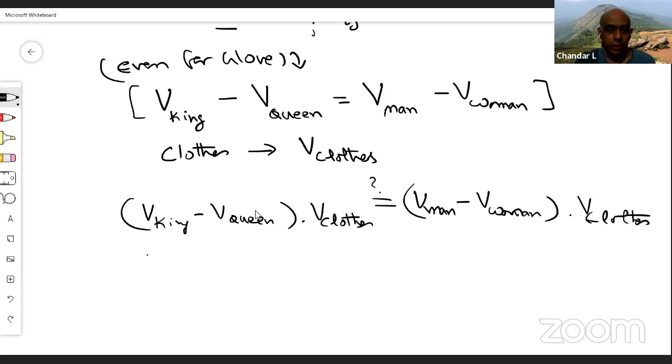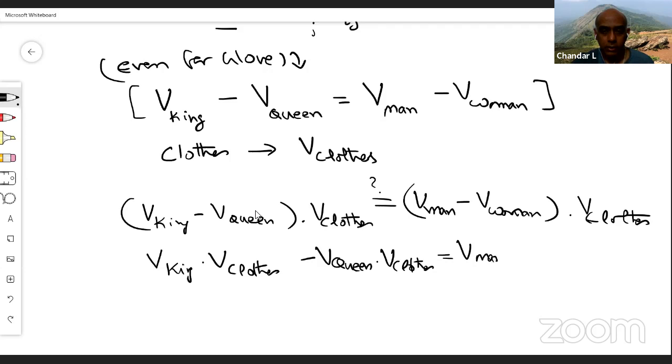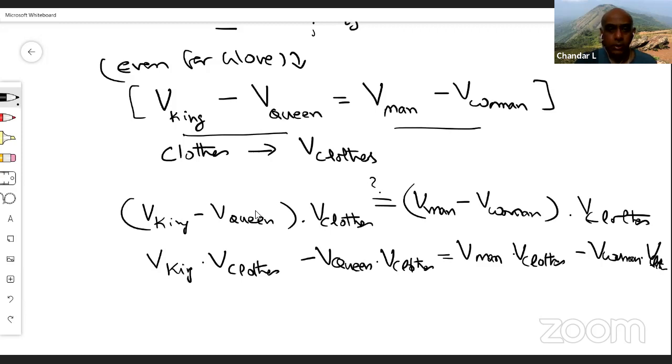And what do I end up getting? I end up getting v king dot v clothes minus v queen dot v clothes is equal to v man dot v clothes minus v woman dot v clothes. This is what I get if I assume that this relation is true, and I'm just doing some random third word.